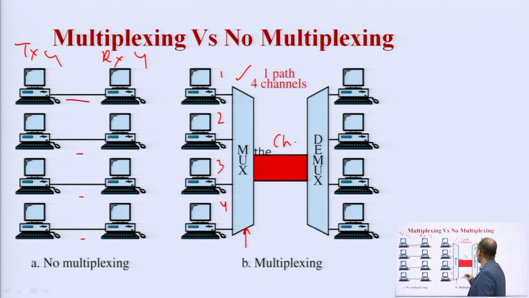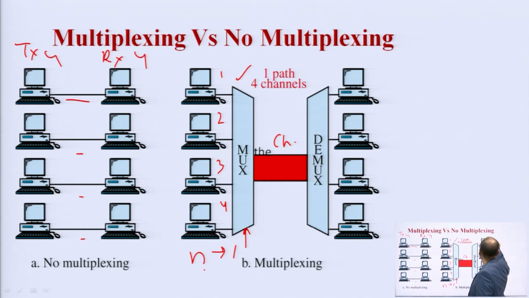It means a single channel is going to be divided among 4 users. You can see here there are n number of users and you are getting one user at the output. So, it is n to 1.